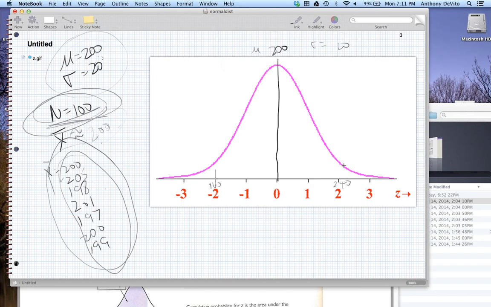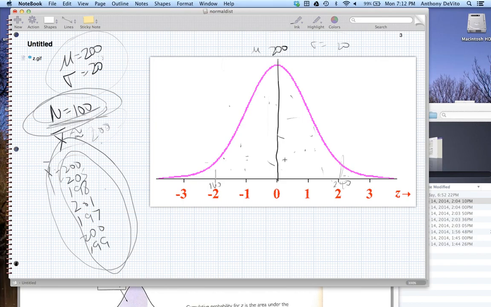Two standard deviations on either side would represent 95% of the people in the population. Well, now when I take a sample randomly, I'm going to get some people that are higher and lower, all these different individuals. When I take that average, well, that average for a sample size of 100 is going to be much closer to 200 than most of these individual values are, right?